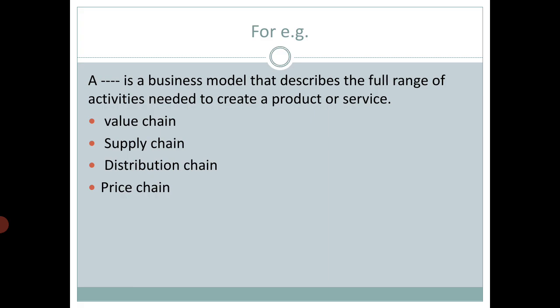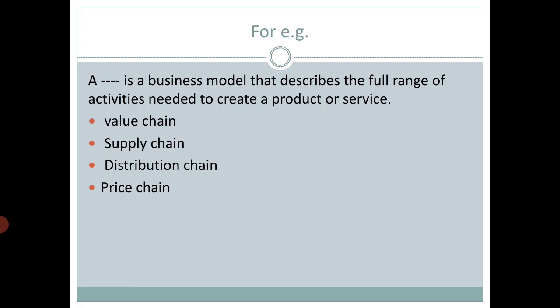Now if you are not aware about all these options, meaning what is value chain, what is supply chain, what is distribution chain, what is price chain, surely you get confused. And what you do is you think thoroughly, you rethink, and you might choose an option which is incorrect.